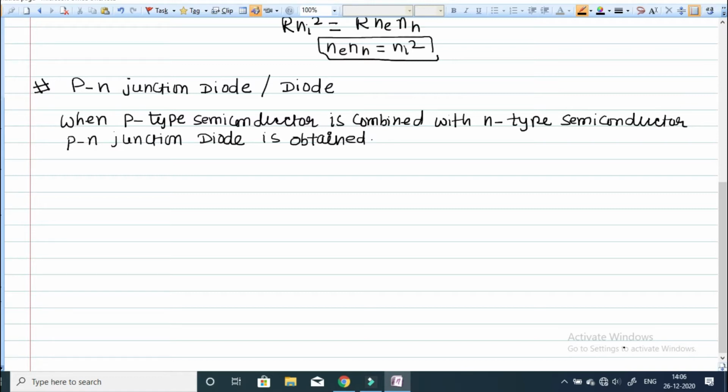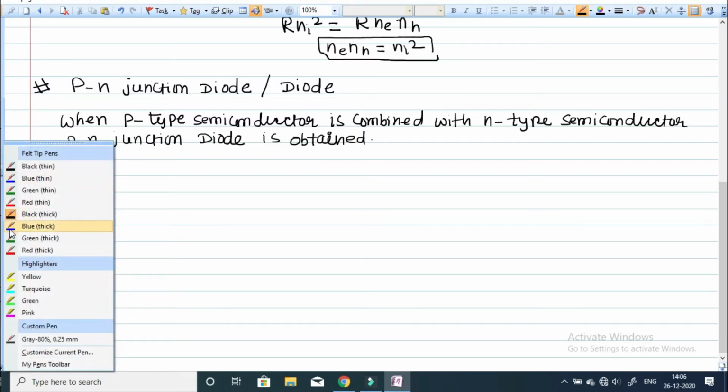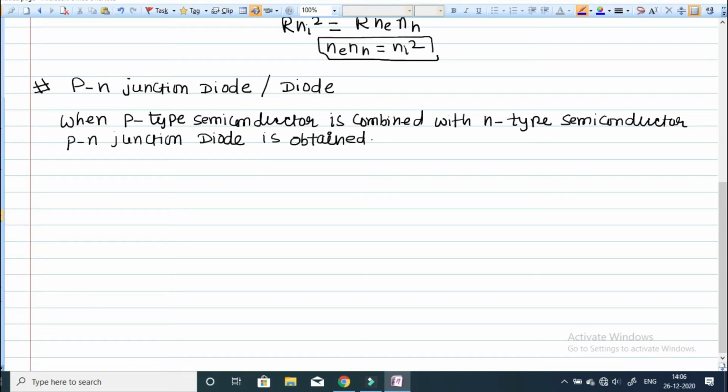Now this is the simple diagram we are going to discuss, how a PN junction diode is formed. Let me draw the diagram. This is your p-type semiconductor. Now this p-type semiconductor is combined with n-type semiconductor.